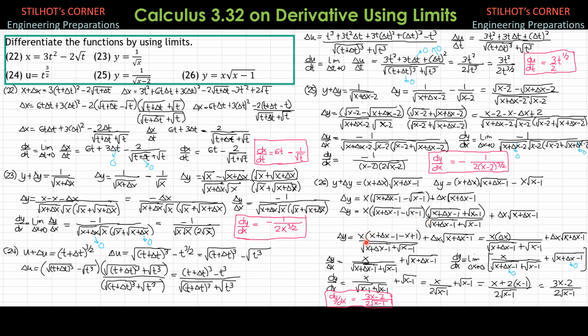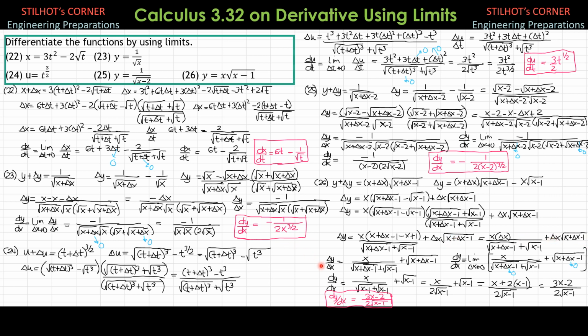So x plus delta x minus 1, then minus the quantity x minus 1, so minus x plus 1. Over this denominator, then we copy this. Then we can eliminate x and negative 1 and positive 1. What remains here is x times delta x over this denominator plus the second term.